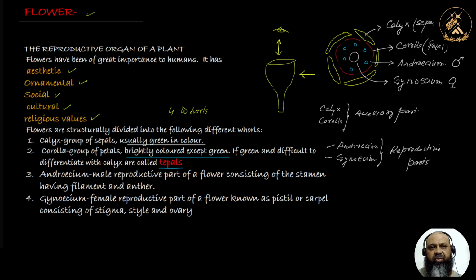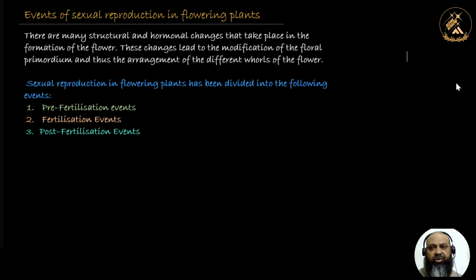Then let's move to the events of sexual reproduction. Sexual reproduction is a complex process which goes on step by step. Many structural and hormonal changes take place here. Structural means changes related to the structure, and hormonal changes are those related to the hormones. They are continuously happening, and inside the flower so many changes are taking place.